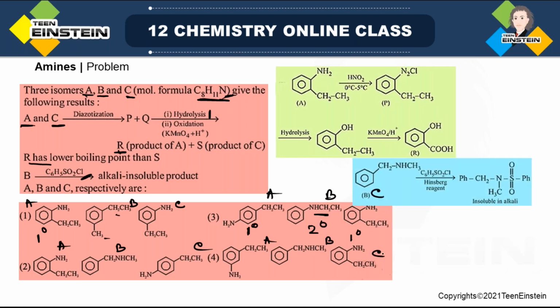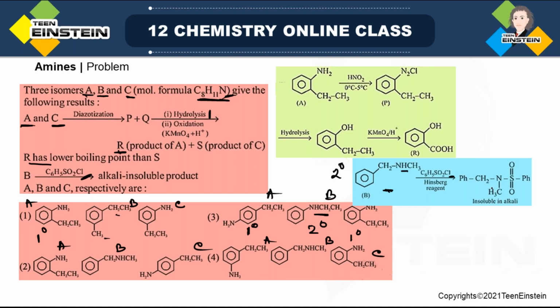Okay. So look at this blue colored box. Here, this molecule, which is a 2 degree amine, when you are treating it with Hinsberg reagent, that is PhSO2Cl, you are getting this type of compound where this H and Cl are removed and we get PhCH2, N, CH3 is still there, SO2Ph.